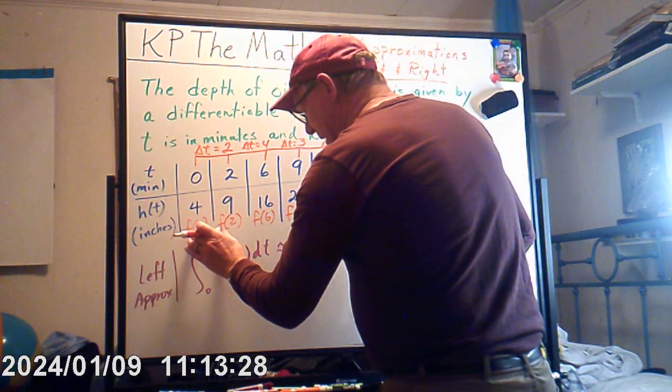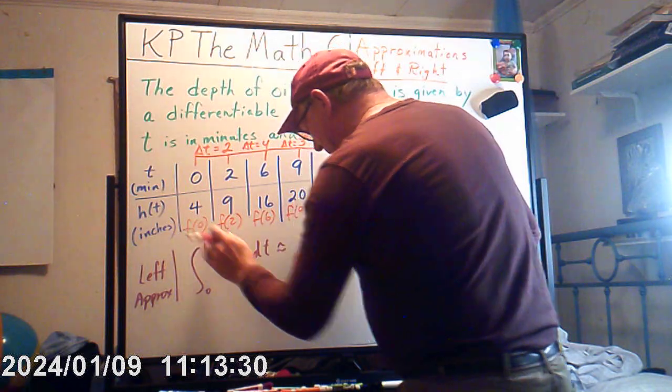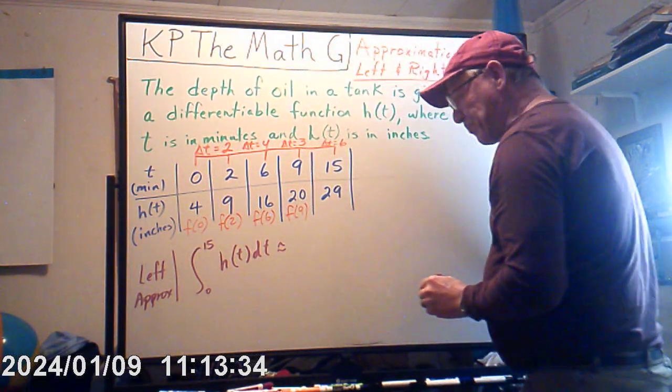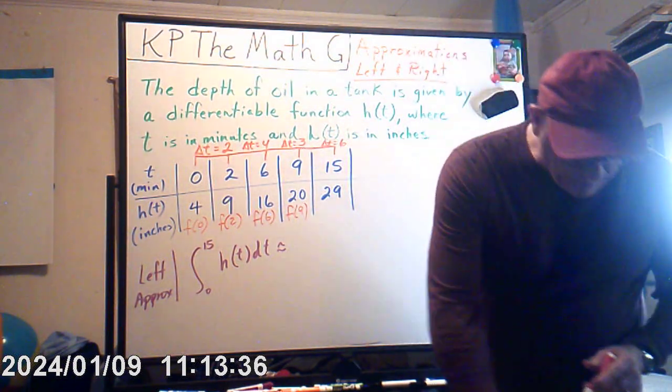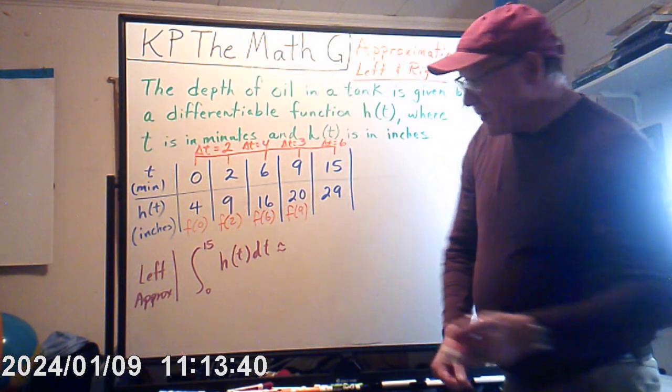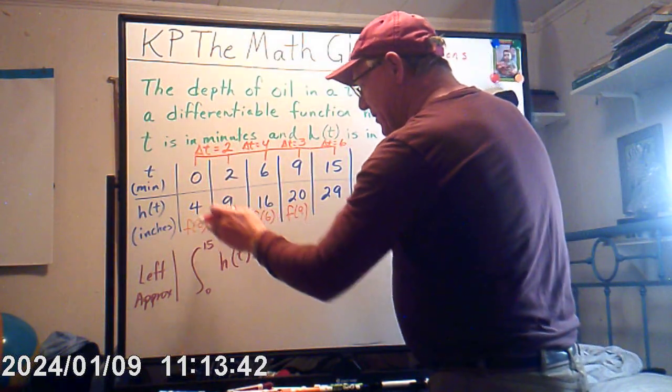Alright, so let's see. We're going to say F at 0 is 4.